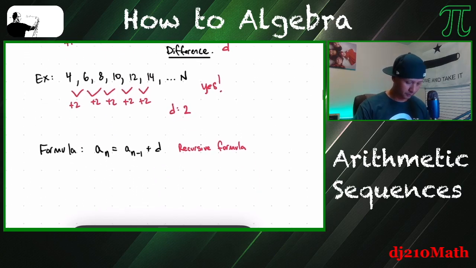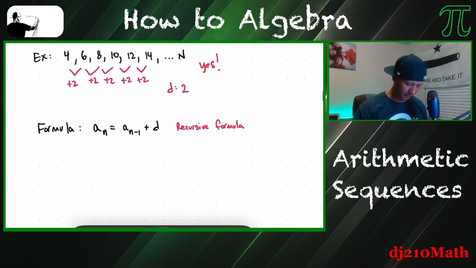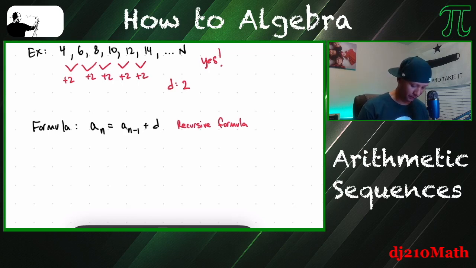So for example, if I wanted to find the second term in a sequence, that would mean n is equal to 2, because it's the second term. So I just fill in 2 wherever there's n. a sub 2 is always the second term.